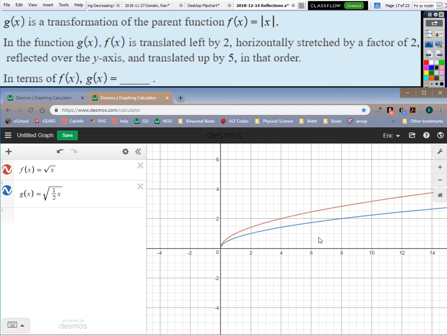I stretched it all, but where did I stretch it from? From the vertex. But I was doing absolute value, well, I picked a different one. So we got square root of x. We'll get to the absolute value one in a second. Let's go ahead and make it absolute value.